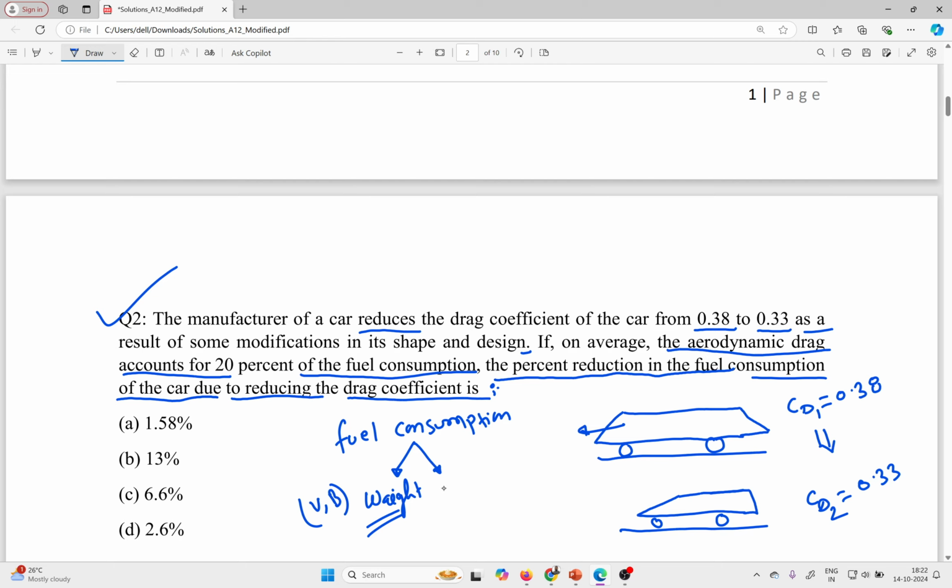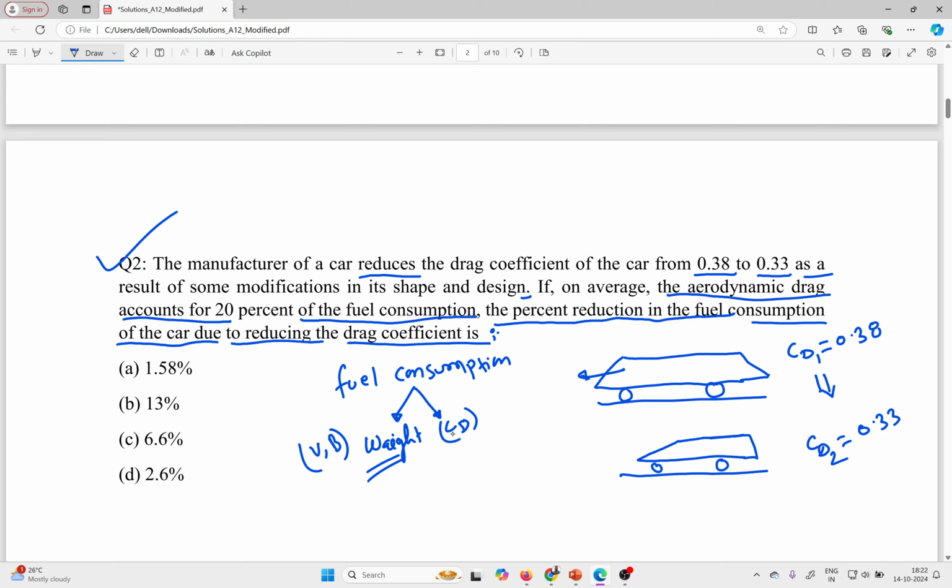And another fuel is consumed due to your drag, that is CD, I will write here. In the question it is given that 20% of your fuel is consumed by your drag force, and another 80% is consumed by your weight.